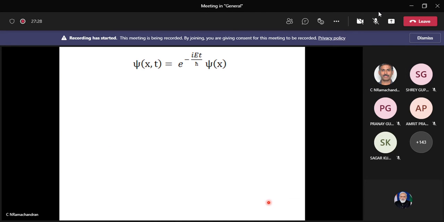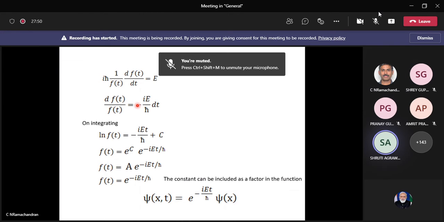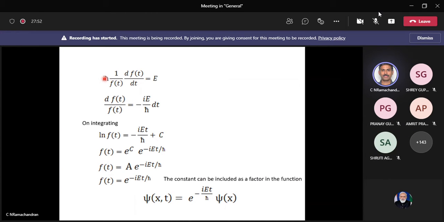Okay. Yes, please. From where does the minus sign come? What is the reason for that minus sign? That is a mathematical requirement. You are asking where this minus is coming from. Sir, can I tell? Yes. Multiplying I on both sides, I squared will become minus 1.